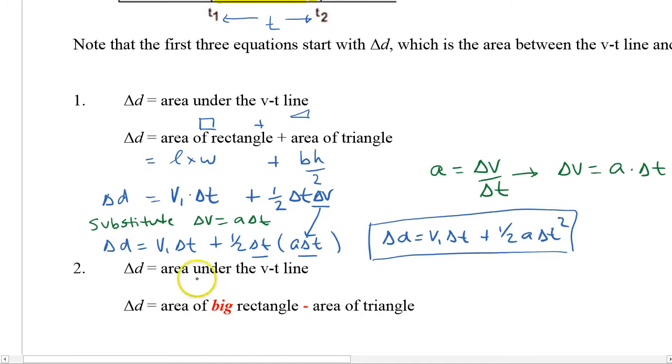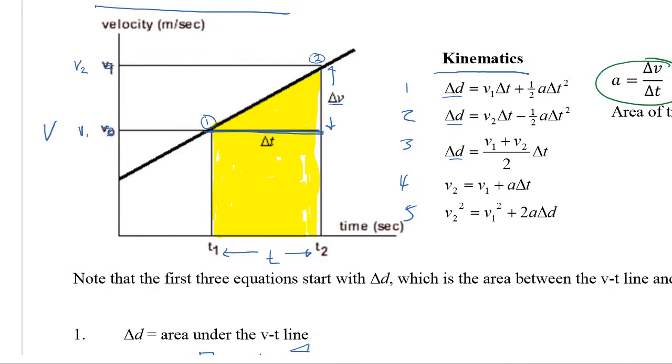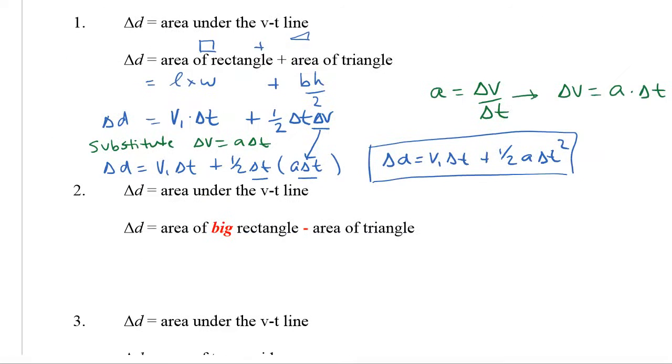We still start off exactly the same, but now it's the area of a big rectangle minus the triangle. So the big rectangle, since I put that word big in red, would be this big rectangle that I'm outlining in red here. Okay, subtract.